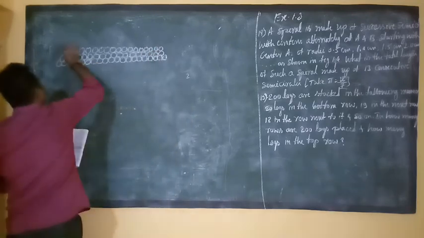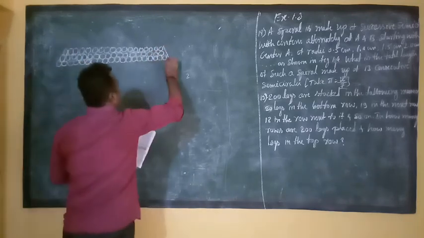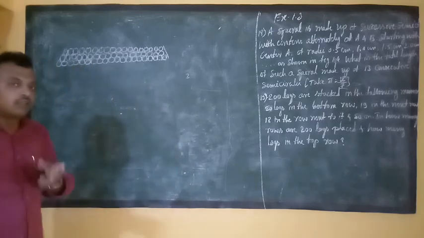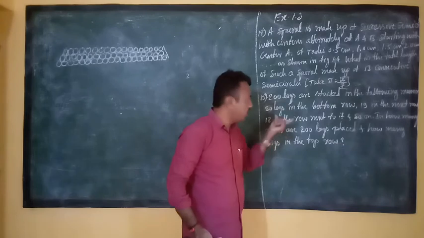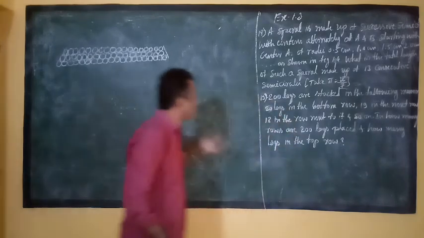So like this. Logs means wooden poles. So wooden poles are stacked in the following manner: 20 logs in the bottom row.